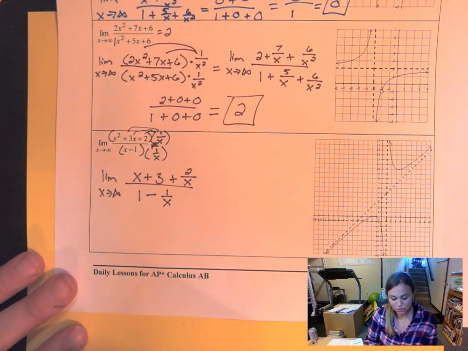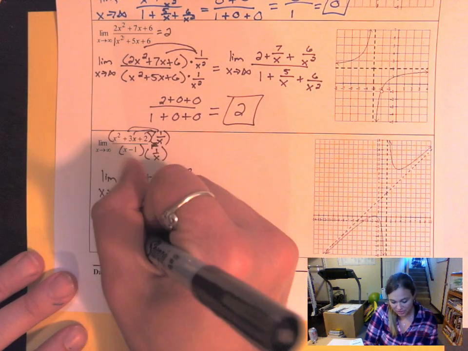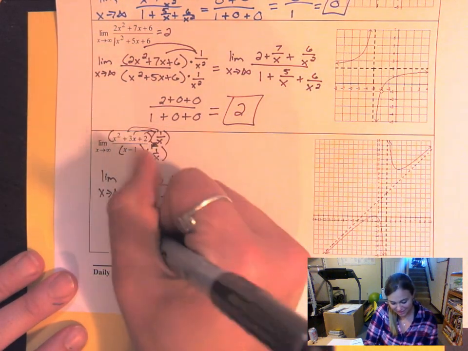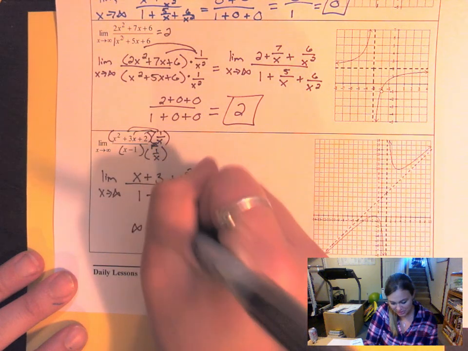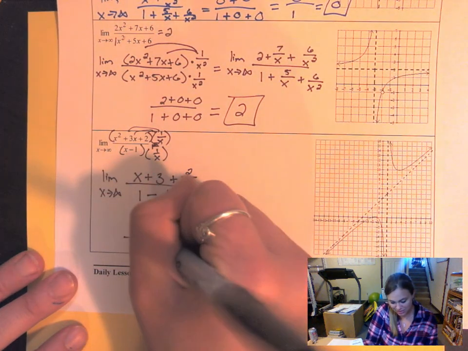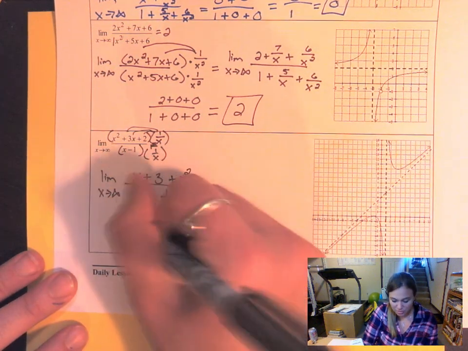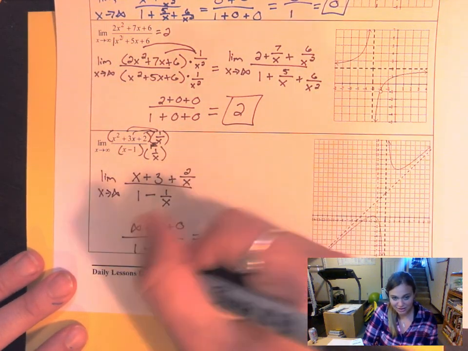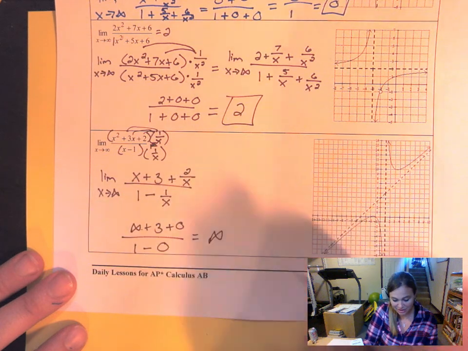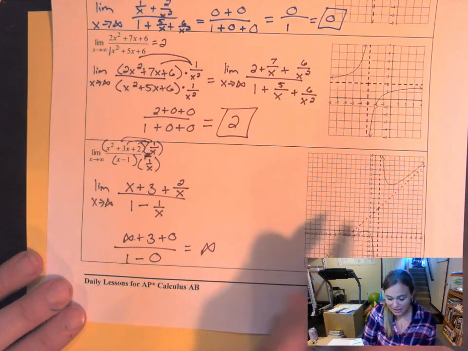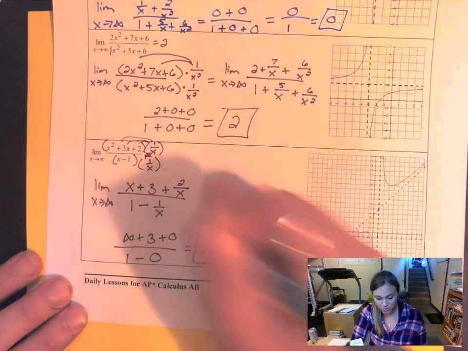If I substitute in the limit as x approaches infinity, I would get infinity plus 3 plus 0, over 1 minus 0. This seems really strange, but infinity plus 3 would just be infinity, divided by 1 would still just be infinity. So what this means is that there is no horizontal asymptote.